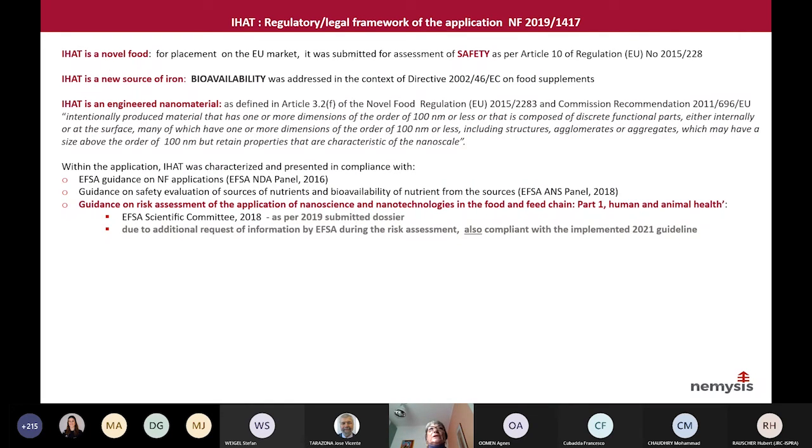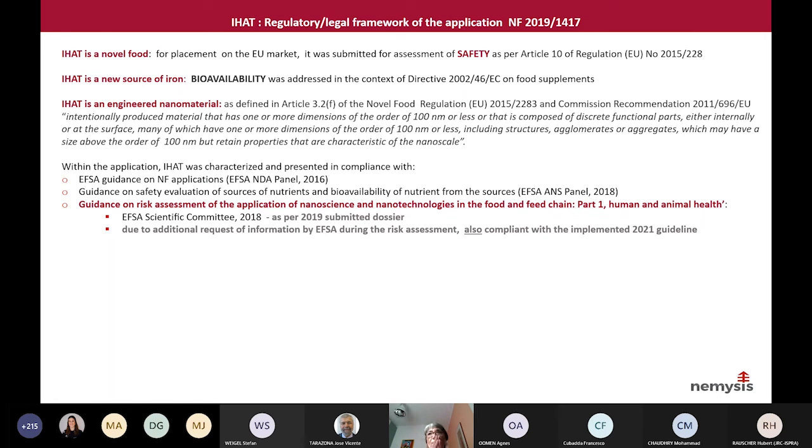Speaking about the regulatory legal framework, it was in our application. IHAT is a novel food, so we went through the safety assessment according to the EU regulation 2015/2283.